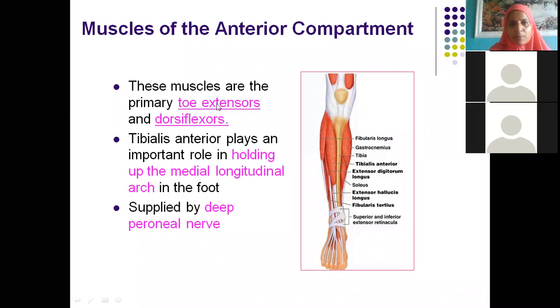So it brings about the extension of these toes and also dorsiflexion. Tibialis anterior plays an important role by holding the arch, the medial longitudinal arch. All these muscles are supplied by the deep peroneal nerve.